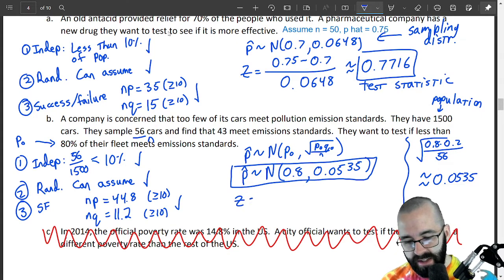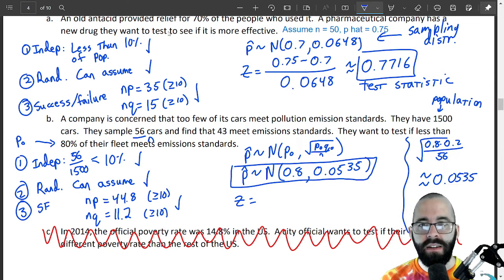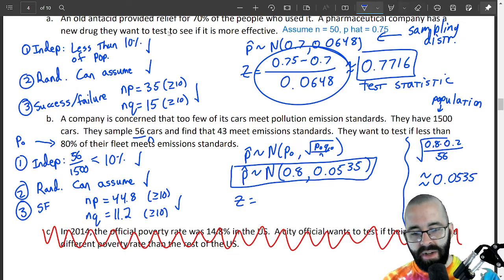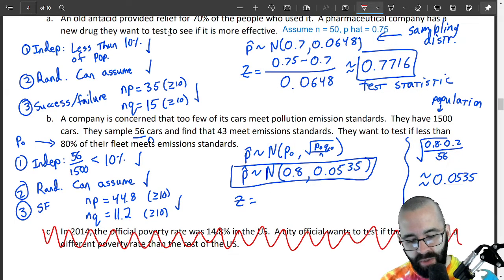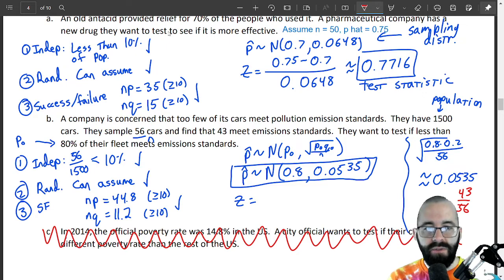And our test statistic is just going to be, what's our P hat? All right, in the last one, we just did P hat minus P naught divided by that standard error. We haven't calculated our P hat yet, right? In our situation, we tested 56, and 43 were successful.